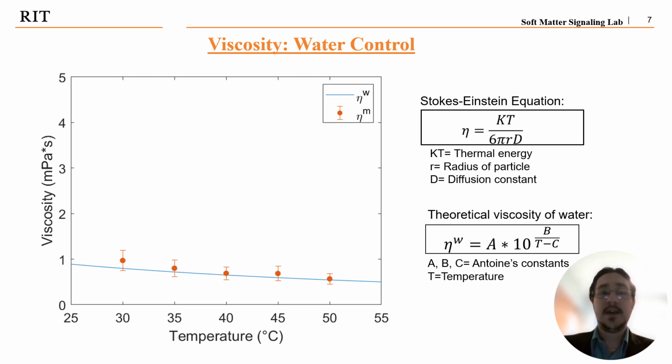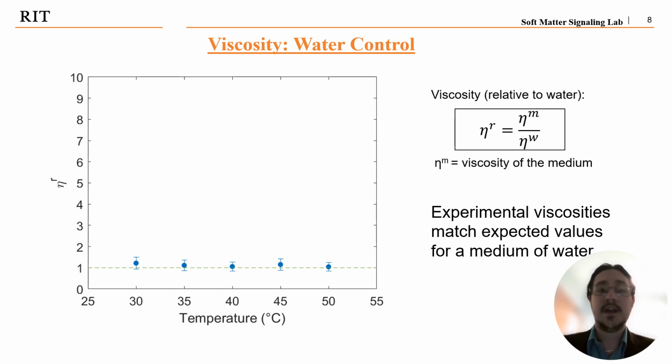We can also calculate our theoretical viscosity of water using that equation that you see there for theoretical viscosity at any temperature. And this equation resembles some sort of Antoine's equation you might see in thermodynamics. Now, using this equation, we can also go backwards to obtain a theoretical diffusion, which gives us that range that we saw in the previous slide.